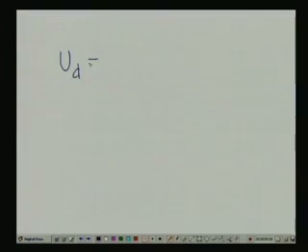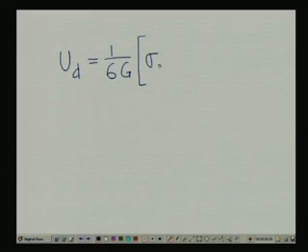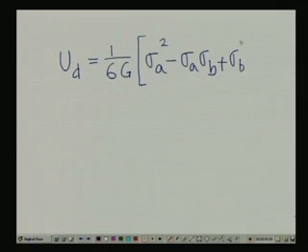As we have already learned, this distortion energy U_D can be written as 1 upon 6G times (sigma A square minus sigma A sigma B plus sigma B square). This is the distortion energy one can get by the process we have just discussed.